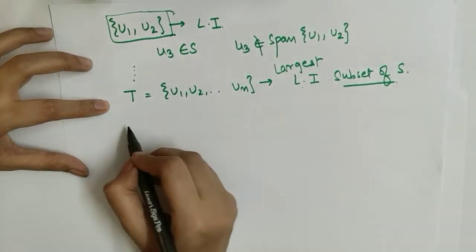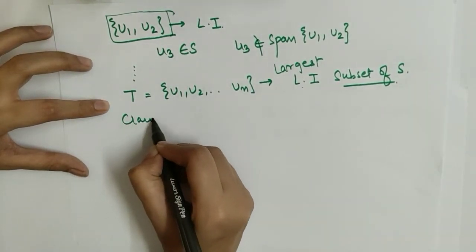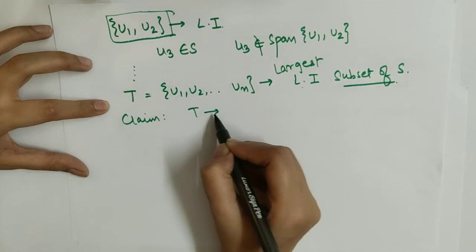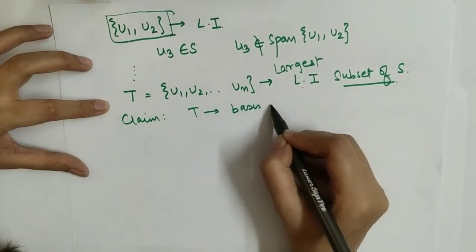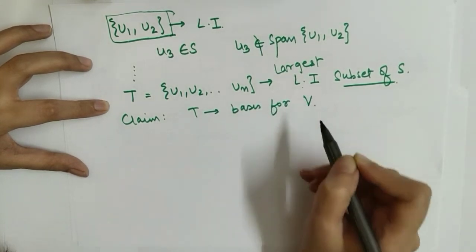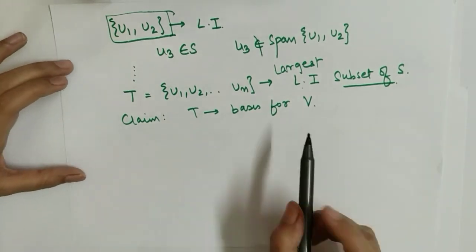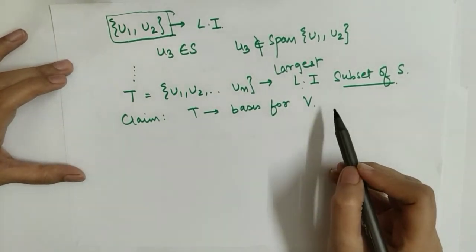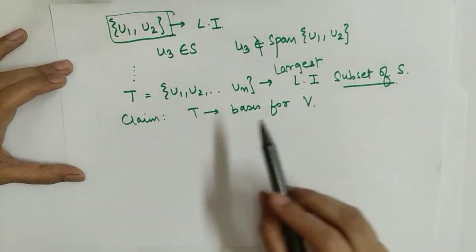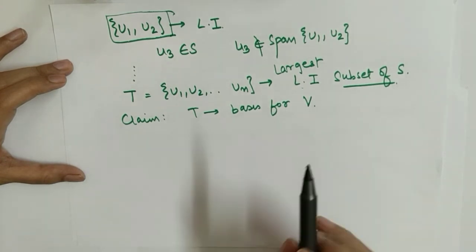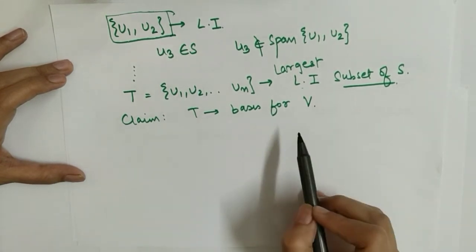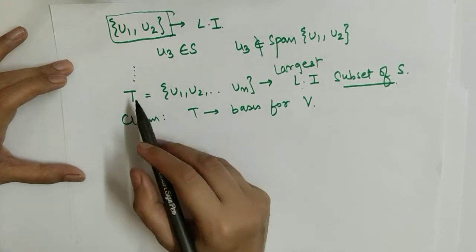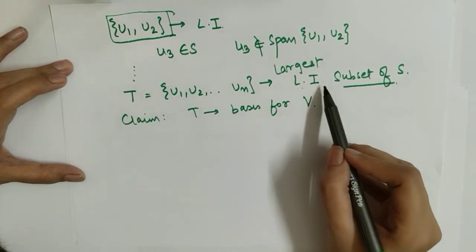So now I claim that T is a basis for V. Since it is given that S spans V, to show that T is a basis for V, we only need to show that T spans V, because we have already assumed T to be linearly independent.